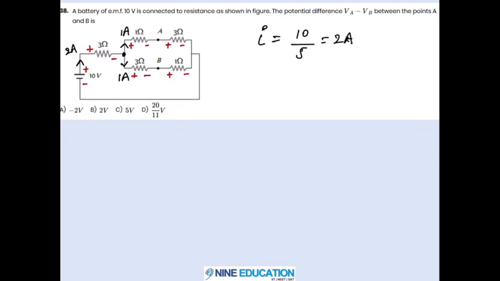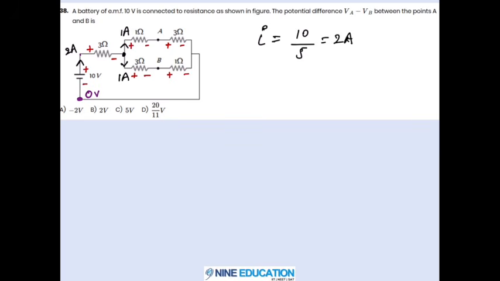After allotting all these polarities, you take any random point in the circuit and give it potential 0. You can do that, but only for one point. So you are taking that point as reference. So let me take that this is grounded, or you can say here potential is 0 volt.